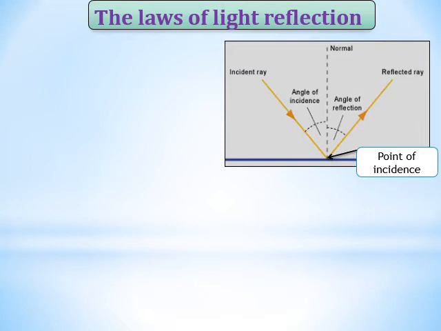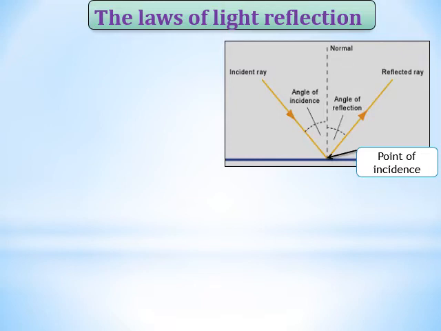The point I am pointing at is called the point of incidence. So I have the incident ray, which is the light ray that falls on a reflecting surface. The reflected ray is the light ray that is reflected from the point of incidence.